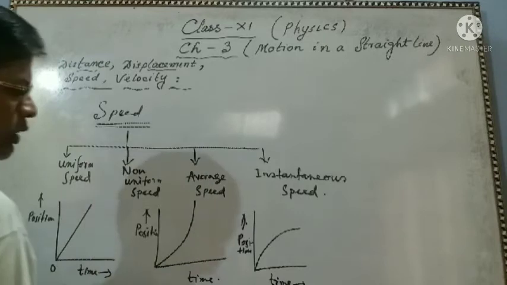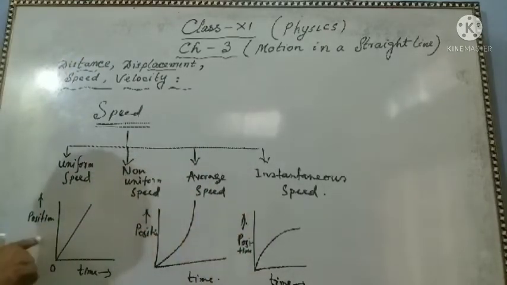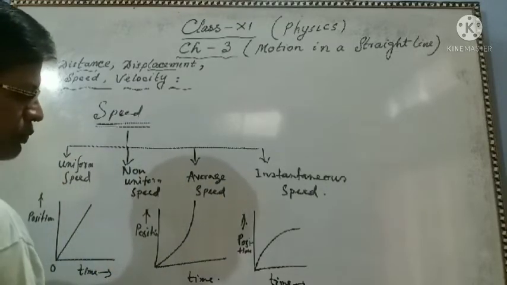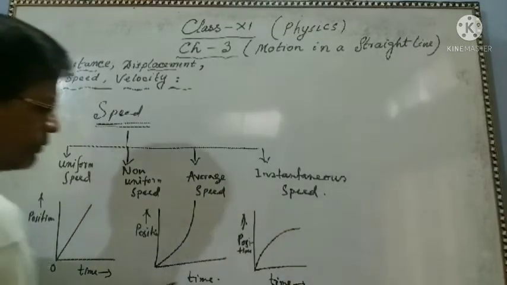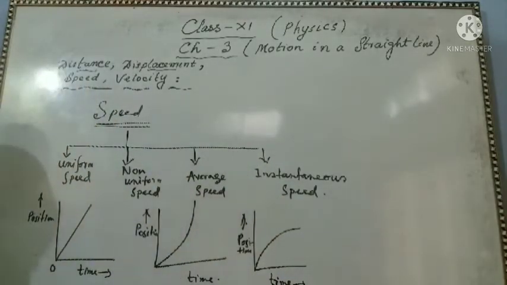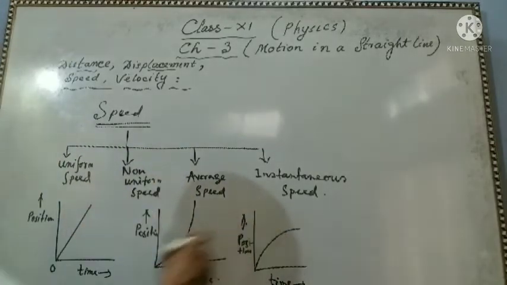So these two are non-uniform speed, and this is for uniform speed. These two are non-uniform speed.